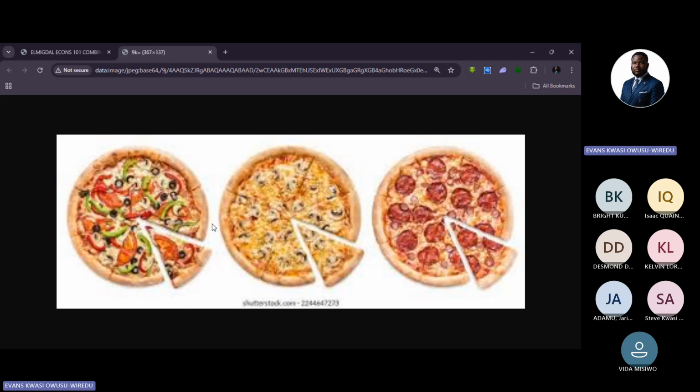Is it fair? Is it not fair? You get it? What input qualifies them to get that type of share? So equality is the aspect that talks about fairness. You get it? But efficiency talks about the whole thing. Are we following closely?